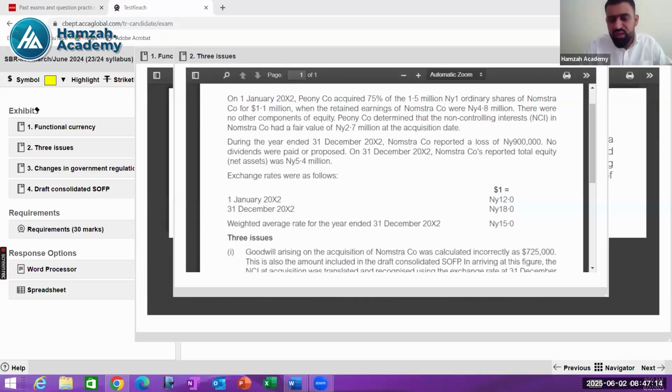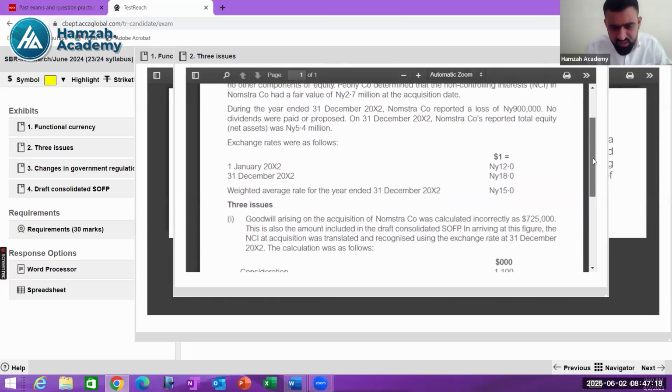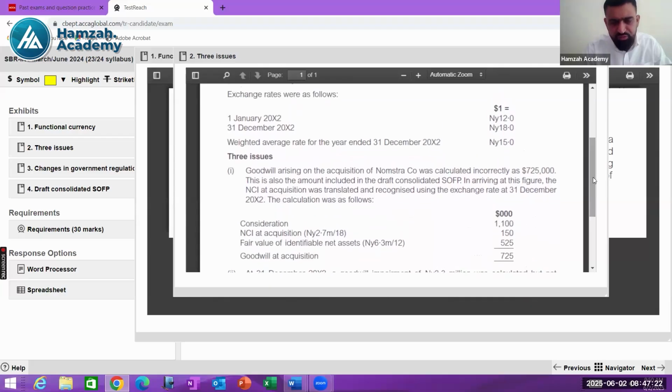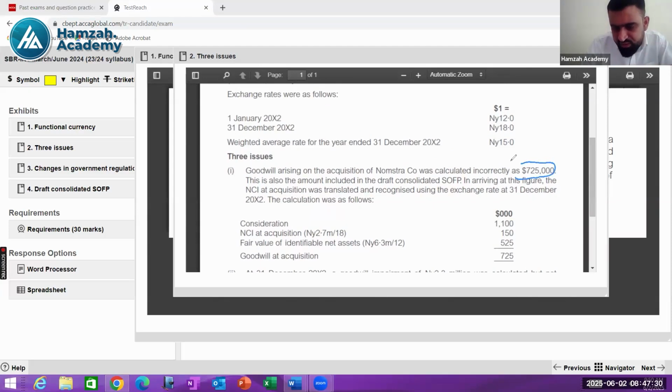Now, the first issue we have here is regarding the calculation of the goodwill at the date of acquisition. They have calculated the goodwill incorrectly, they are telling us in the question. They have calculated the value of goodwill at 725,000 US dollars, and they have included this goodwill in the draft balance sheet.